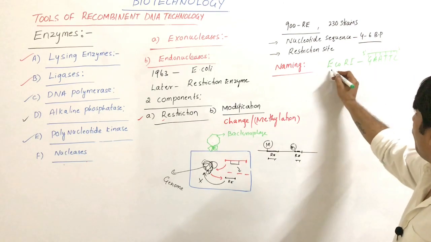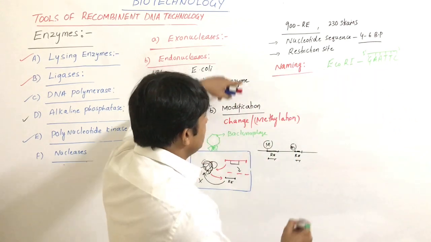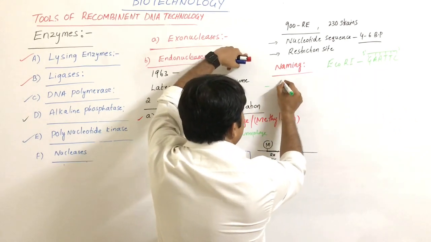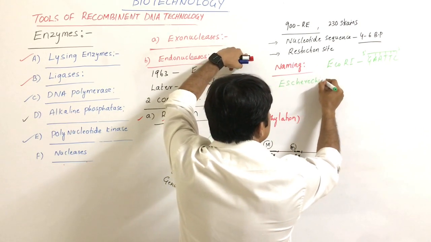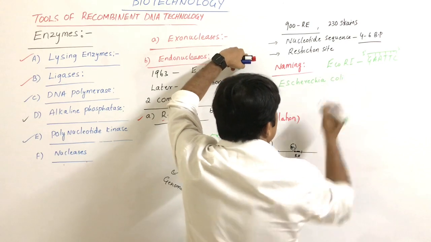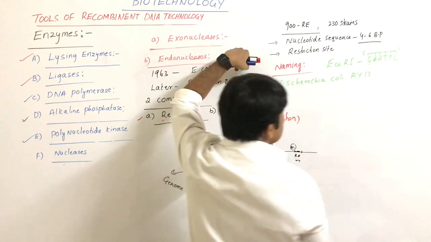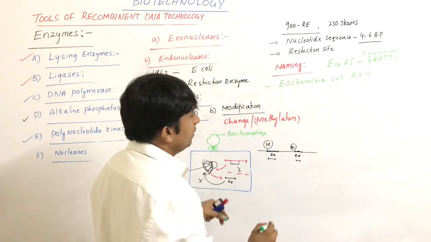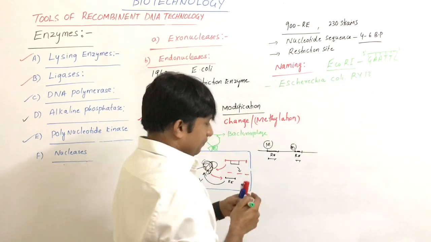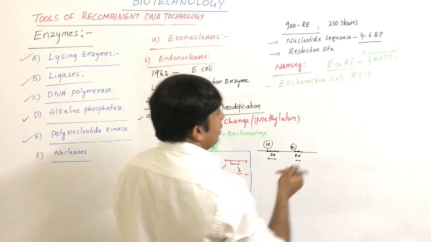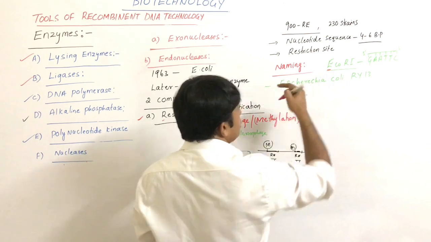Next, what is this EcoR1? How has this name come? Because this enzyme is extracted from a prokaryote or bacteria called Escherichia coli RY13 strain. So here, the first letter is the genus, E for Escherichia.